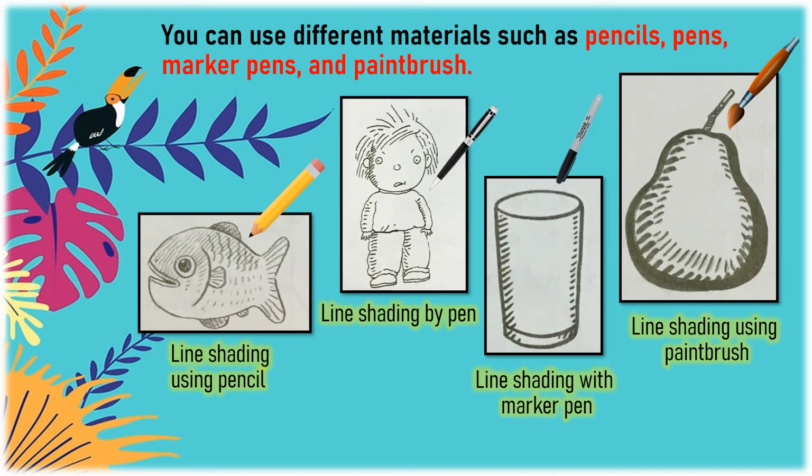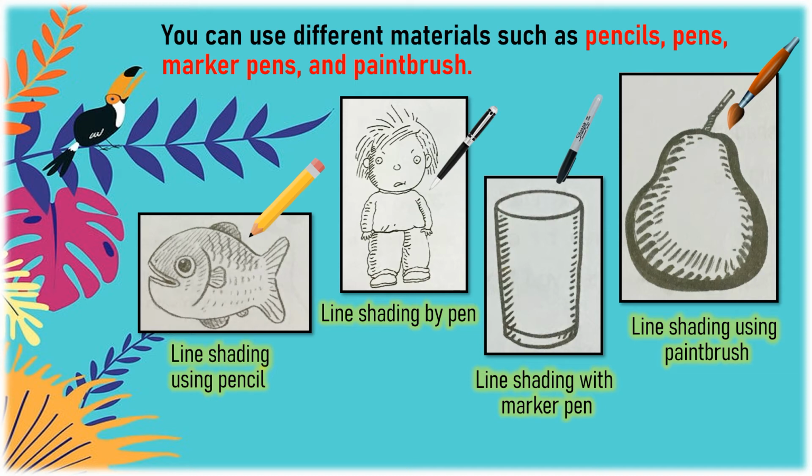You can use different materials such as pencil, pens, marker pens, and paintbrush. Those pictures that you can see on your screen are examples of pictures shaded with lines but using different tools.